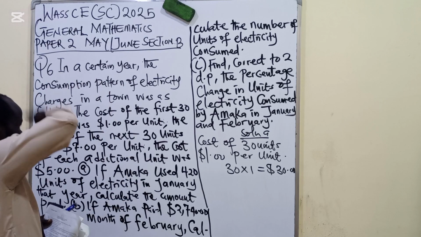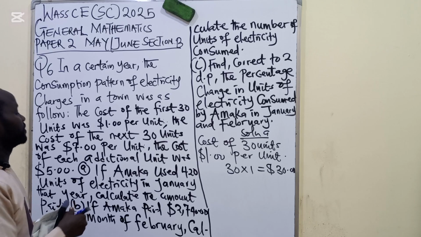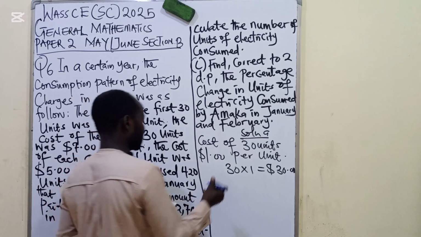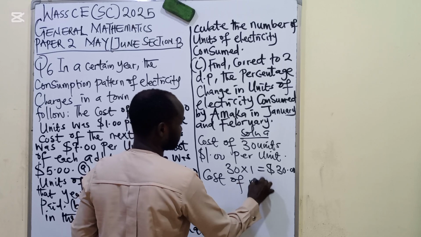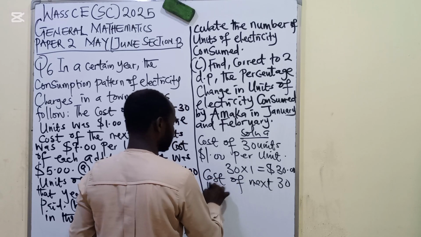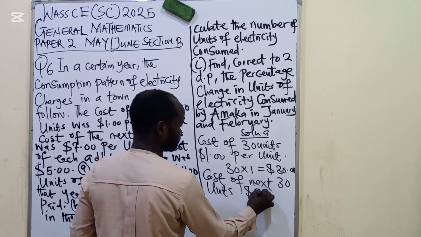Then the cost of the next 30 units is $7.